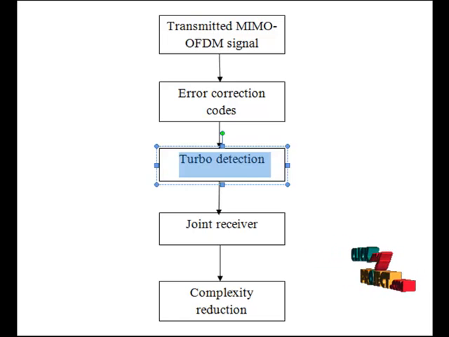The receiver has soft input, soft output MIMO detection, and a log likelihood ratio as well as sum product algorithm decoder is used. Here we implement the MAP detector, that is, maximum a posteriori. Detection of the received signal can be carried out independently by considering perfect CSI, that is, channel state information.